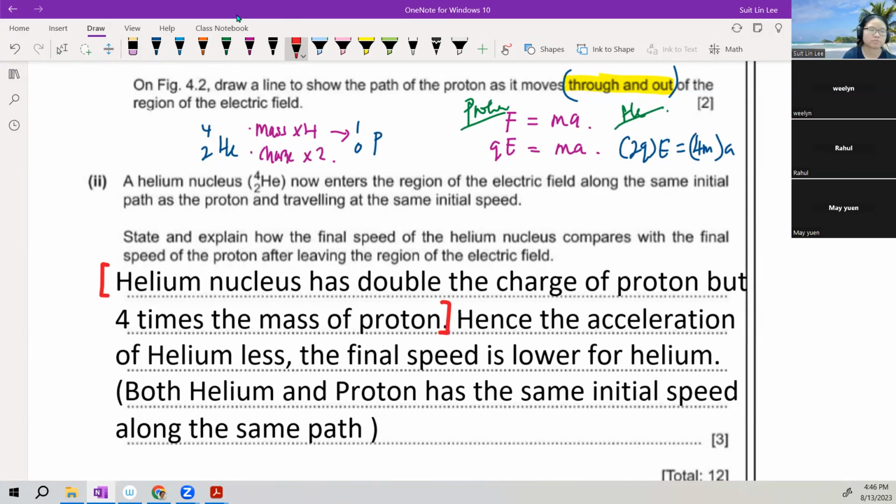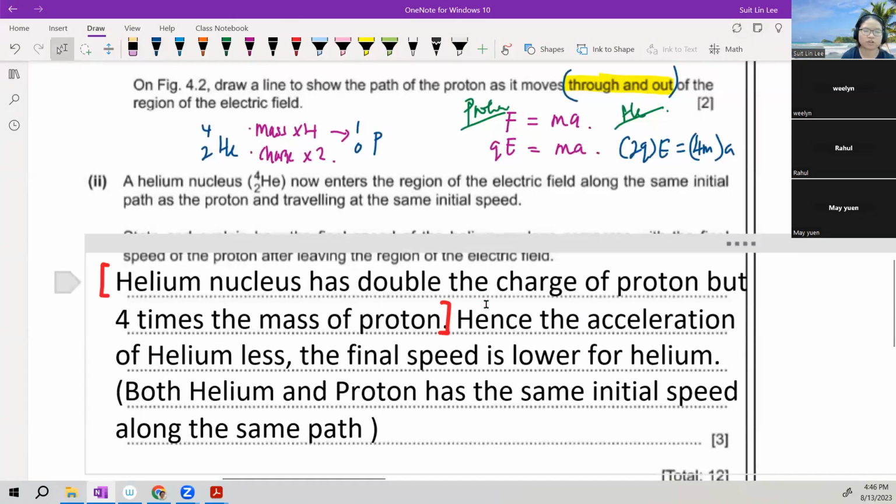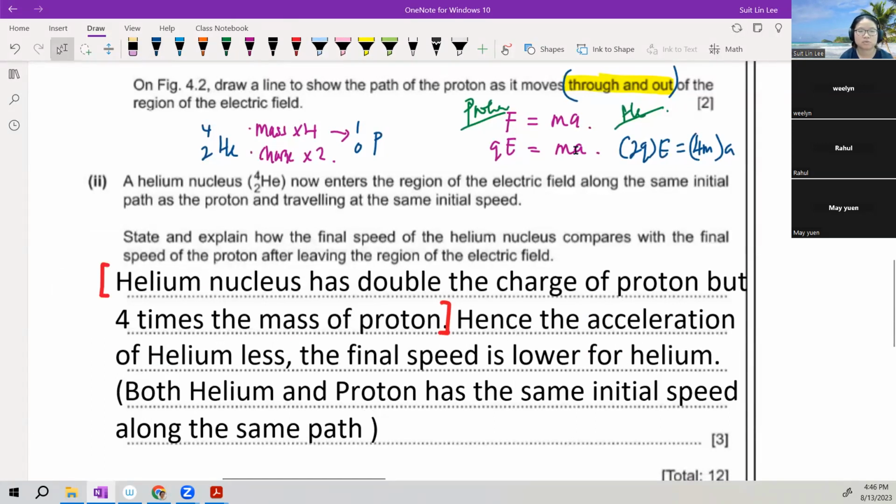So I need to mention that double the charge, but 4 times the mass. Okay, so when there's double charge, it means there is double force. So you can add that in if it makes it clearer for you. Double force, so twice larger acting on helium, but there is 4 times the mass. So the thing that is being pulled is 4 times more massive.